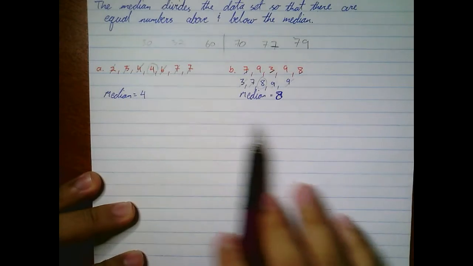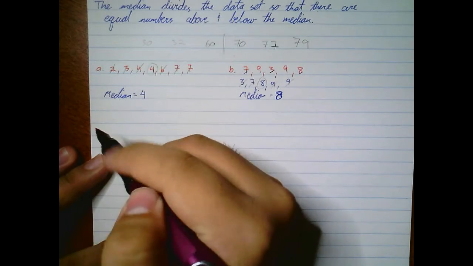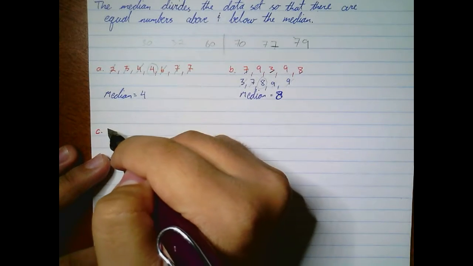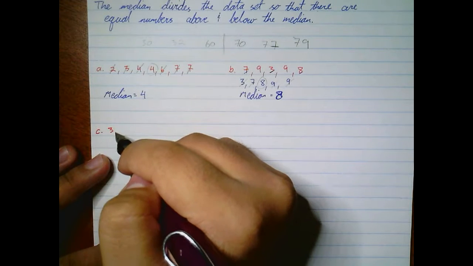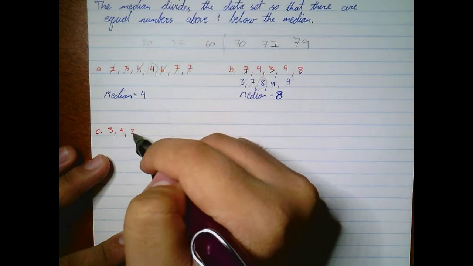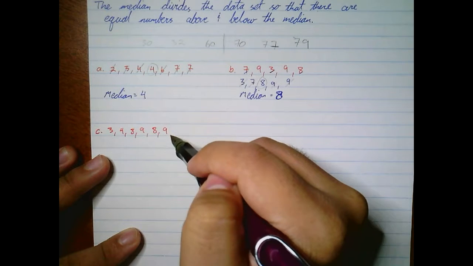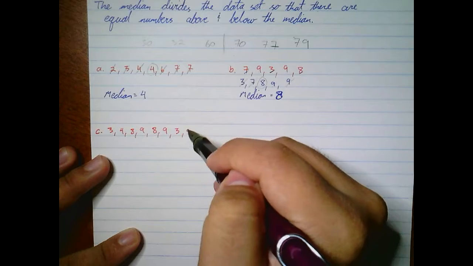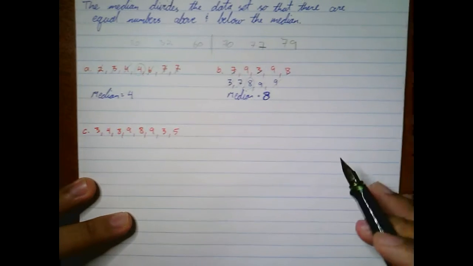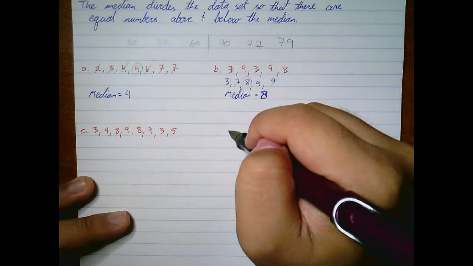Here we are. We'll go example C. Let's take this data set of 3, 4, 8, 9, 8, 9, 3, 5. And actually, I'll draw up another data set.